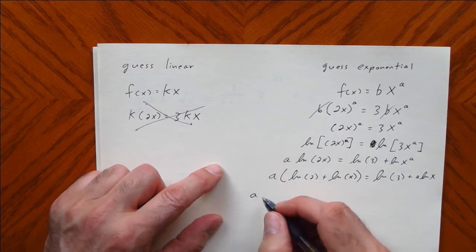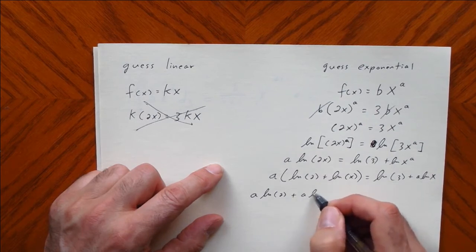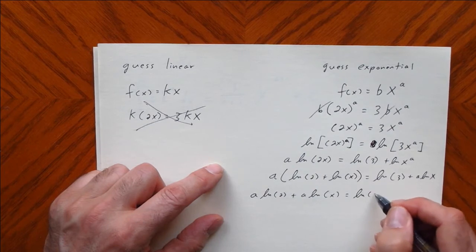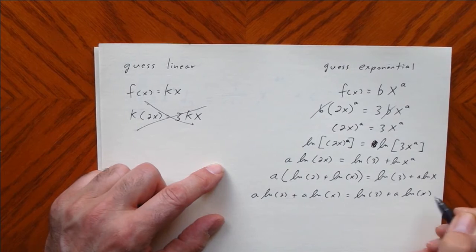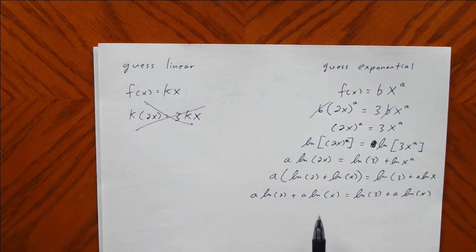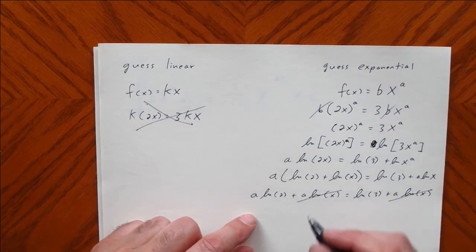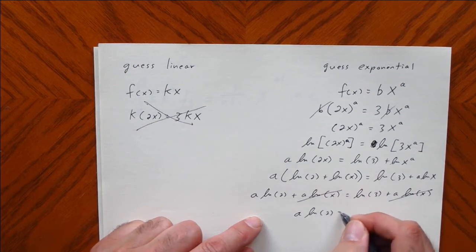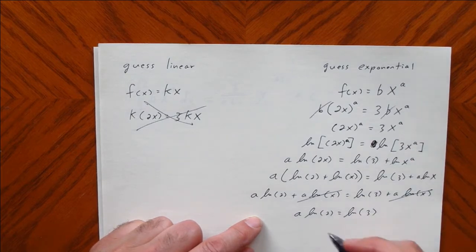Now let's distribute our a's here. We have a log of 2 plus a log of x equals log of 3 plus a log of x. All right, now notice we have an a log x here and an a log x here. Let's subtract that from both sides. That gives us a log of 2 equals log of 3.